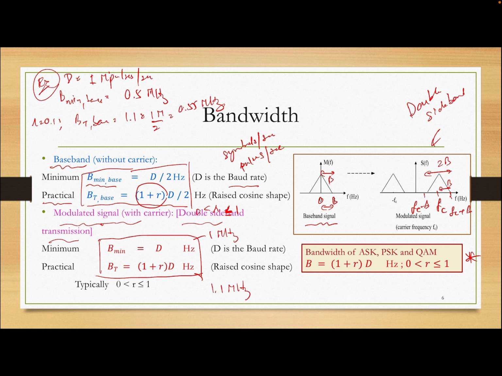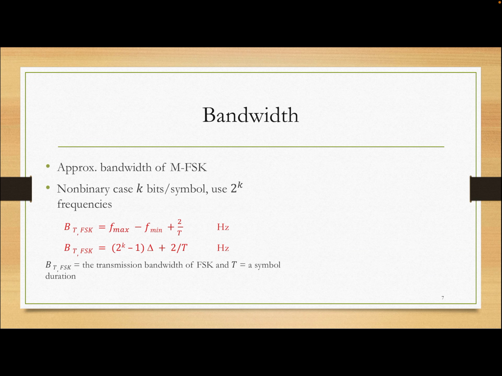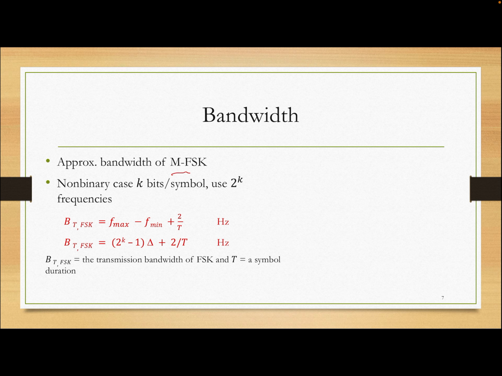And this is very important. To summarize, ASK, PSK, and QAM use the same bandwidth formula, 1 plus R multiplied by D, where D is the baud rate, symbols per second or pulses per second. So this is important: how to calculate the bandwidth.